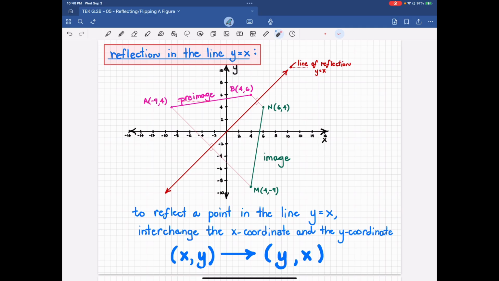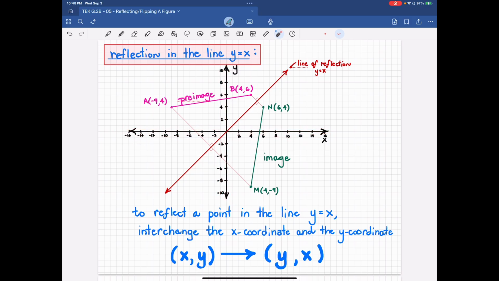Now, one of the favorite lines of reflection that they like to use in tests is this right here, y equals x. You have to be able to draw that in. You have to be able to recognize it, okay? So this is the y-axis. This is the x-axis.